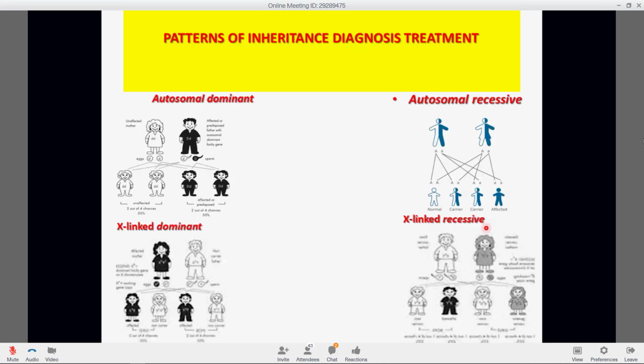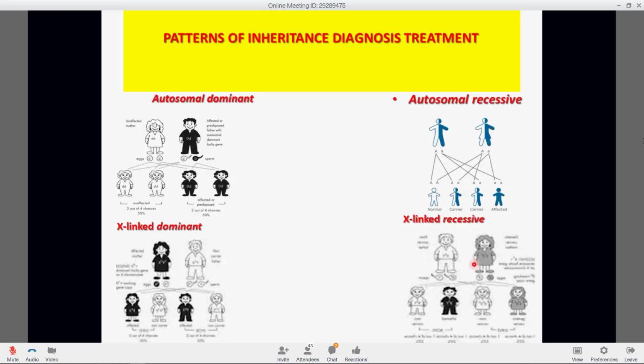X-linked recessive, in this condition, like in case of hemophilia, if the father has the disease, he will transmit it to his daughter. His daughter will become a carrier.